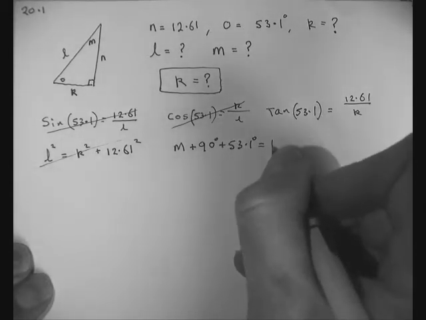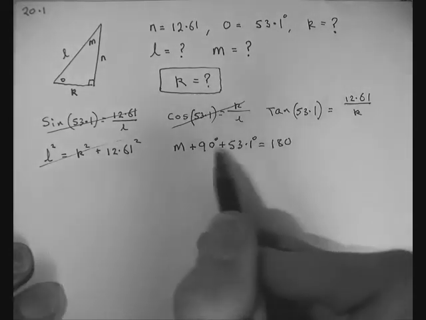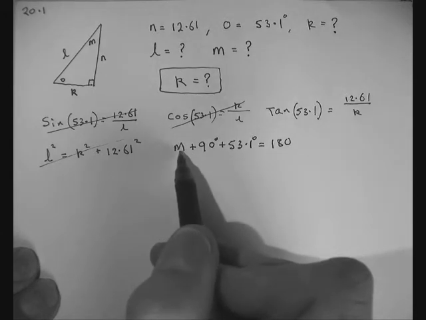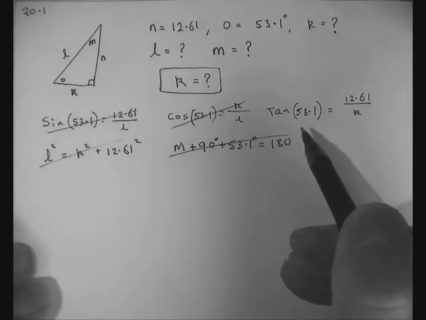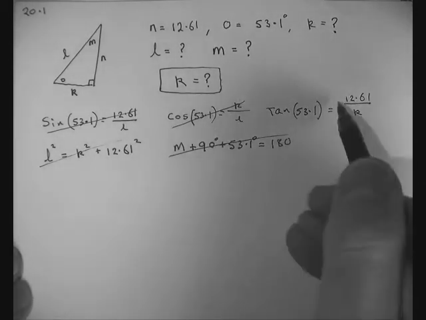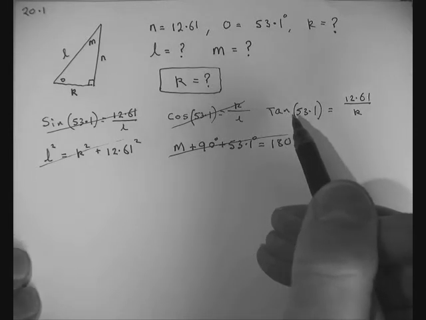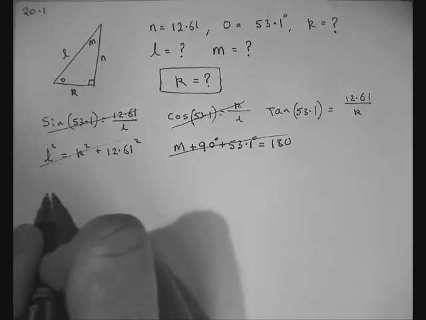And they must add up to 180 degrees. This would be useful to find M, but we're looking for K. So this equation and this tool is of no use to us. Out of all our tools here, the only one we can use is the tan. So let's try and solve using the tan.